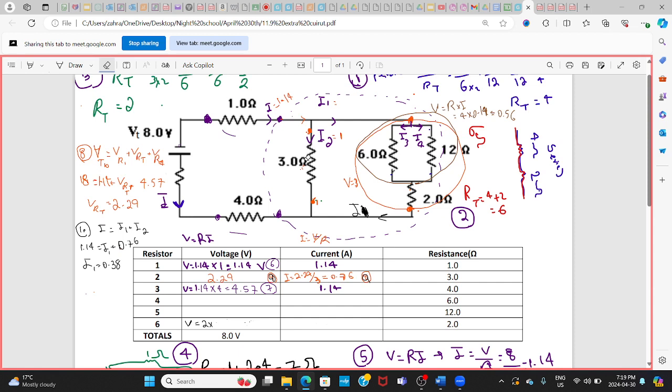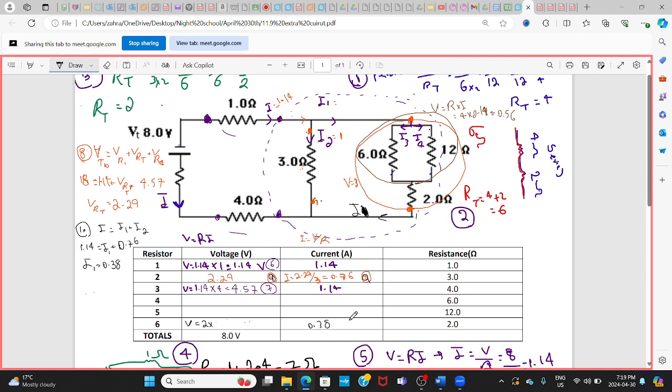Now I'm going to find the I passing the whole thing here. I call it I1, 0.38. This I1 coming is the same as the I1 passing through the 2 ohm, which is here. So I put that 0.38.